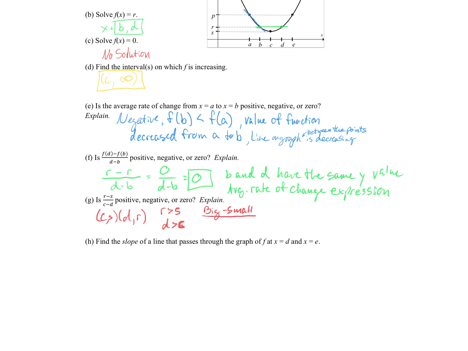On the bottom, if I'm rewriting r minus s over c minus d in terms of the bigger and smaller values, c is smaller, so we have a smaller positive number minus a bigger positive number, right? So if we have 4 minus 2, we're going to end up with a positive number. And if we have like 2 minus 4, we're going to end up with a negative number.